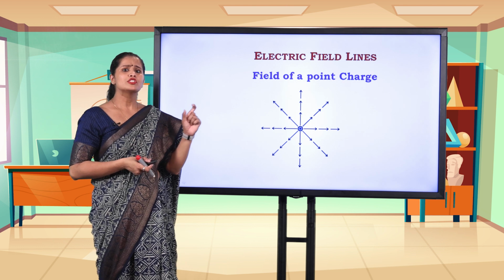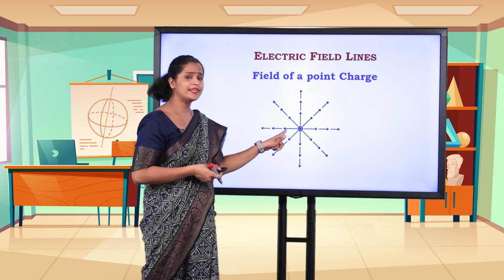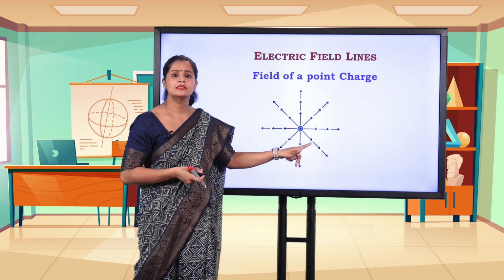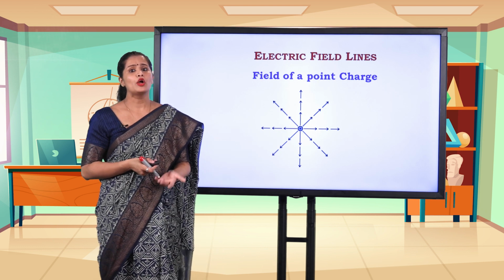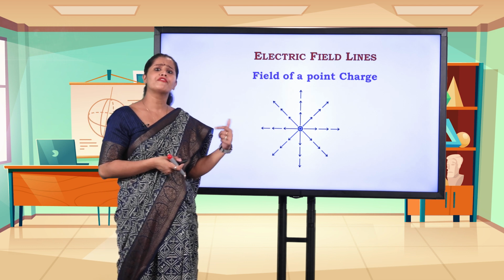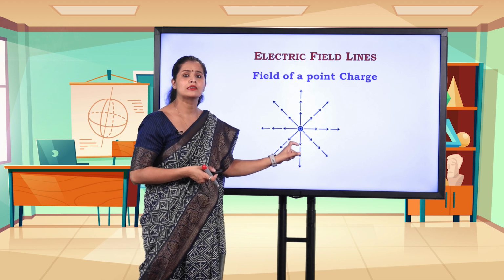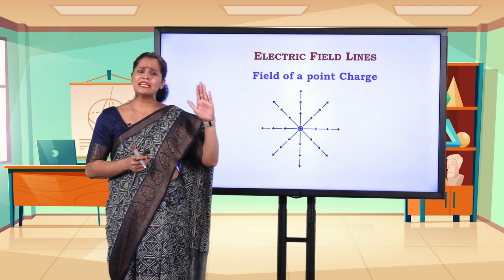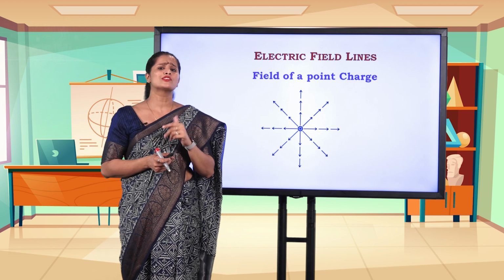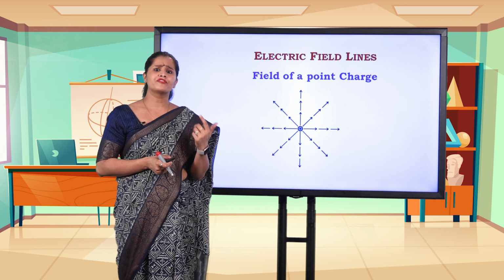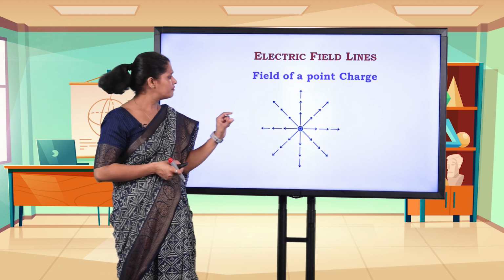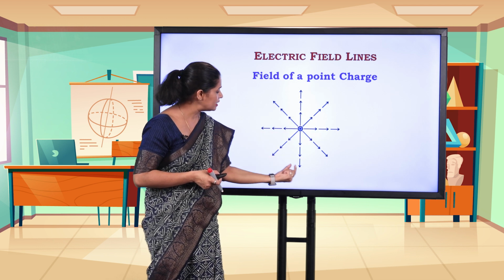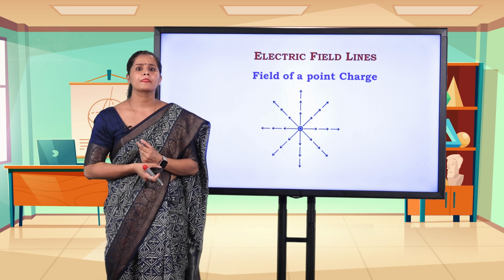We draw small vectors pointing along the direction of the electric field with the lengths proportional to the strength of field at every point. Since the magnitude of electric field at a point decreases inversely as the square of the distance of that point from the charge, the vector goes shorter and shorter, as you can see in this diagram.